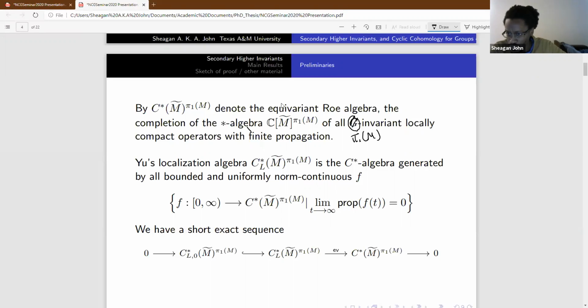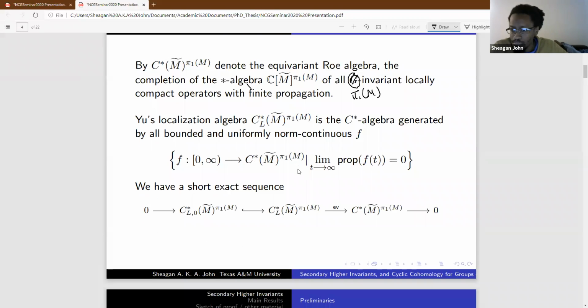We impose the condition of propagation tending to 0, and this gives us what is generally much more computable. The K-theory of this algebra is a lot more computable than the K-theory of the Roe algebra, because this zero propagation condition allows us a lot of computational flexibility.